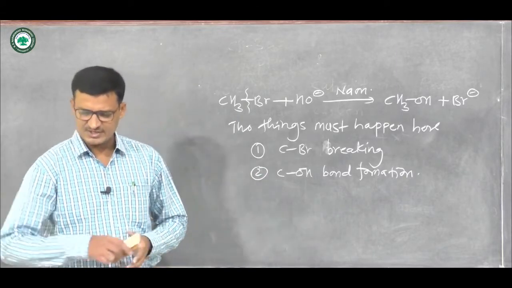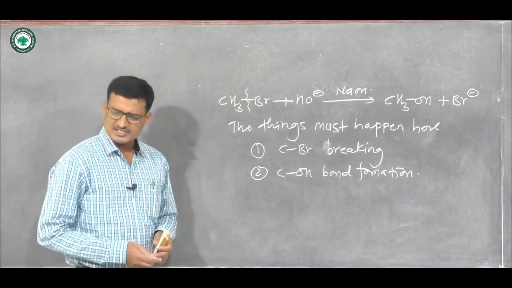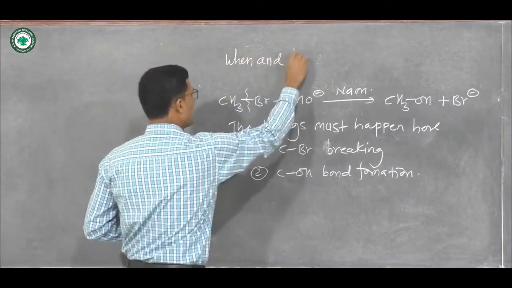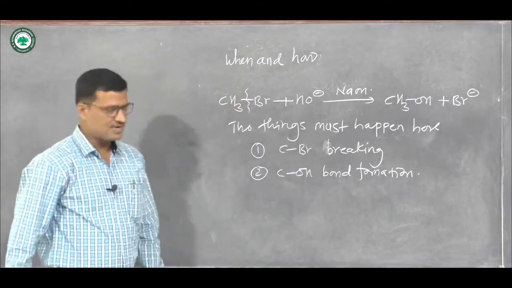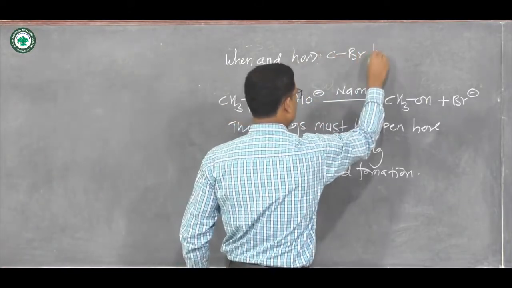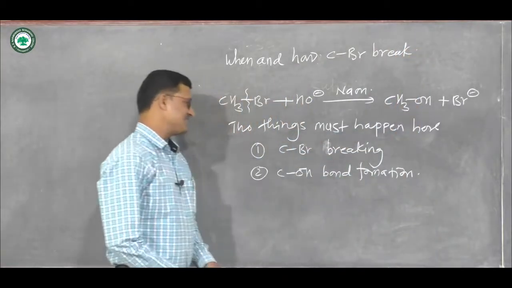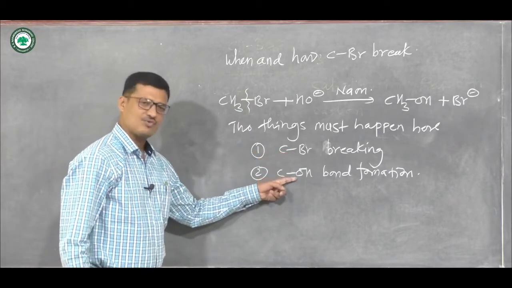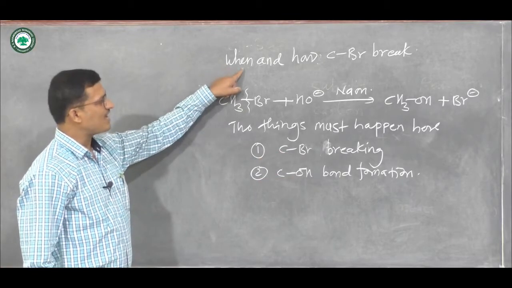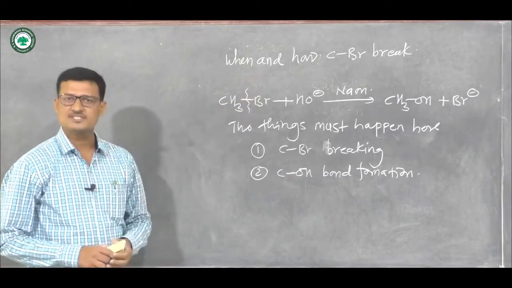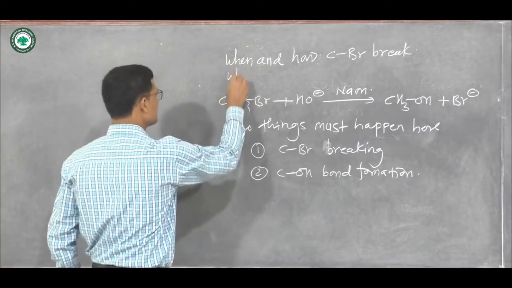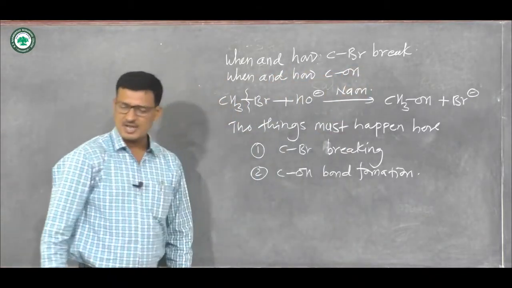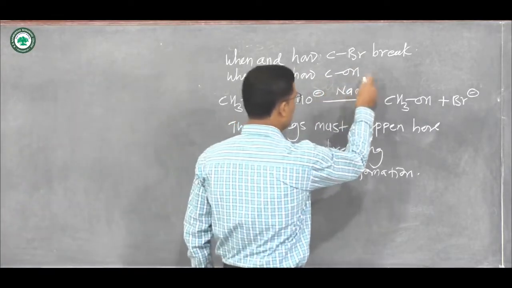The question arises: when and how does the bond between carbon and bromine break? We see that the bond between carbon and leaving group is broken, and the bond between carbon and nucleophile is formed. The second question is when and how the bond between carbon and the hydroxy group, or carbon and OH, forms.